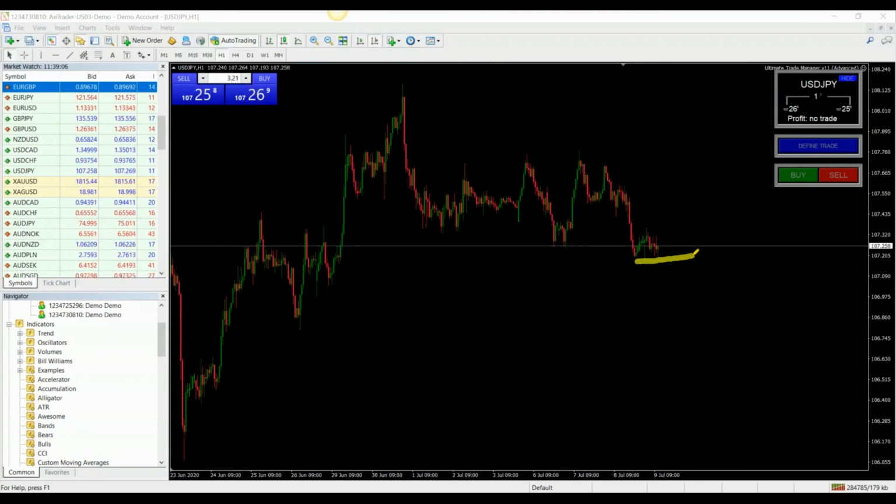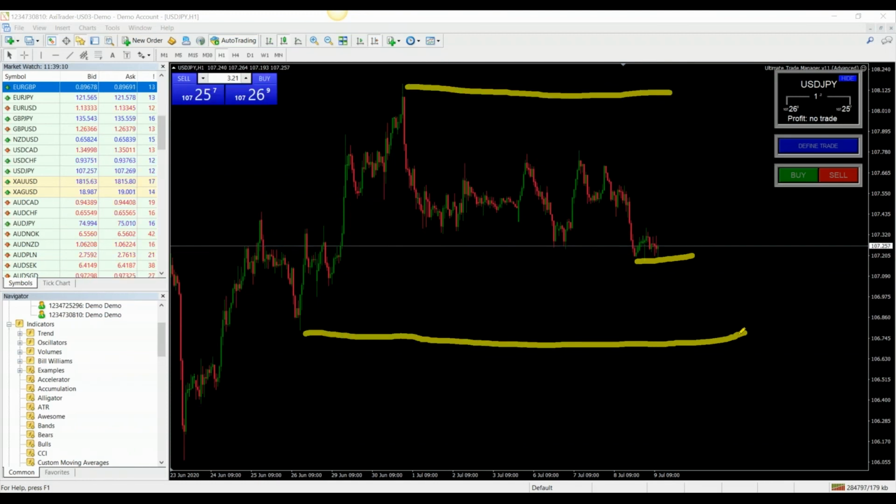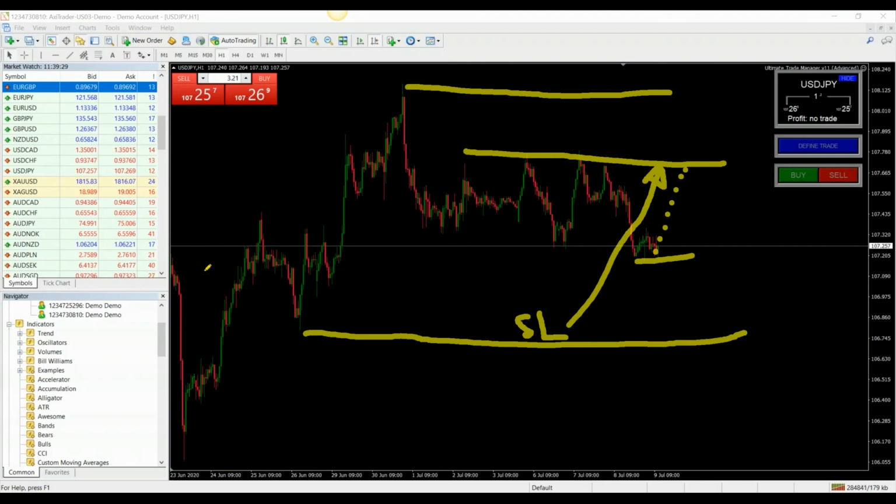If this is our entry, this is our take profit, this is our stop loss, right? And this is our break even, right? His question is, if price reaches your break even, does it make sense for your stop loss to be moved to that level, all the way to break even?